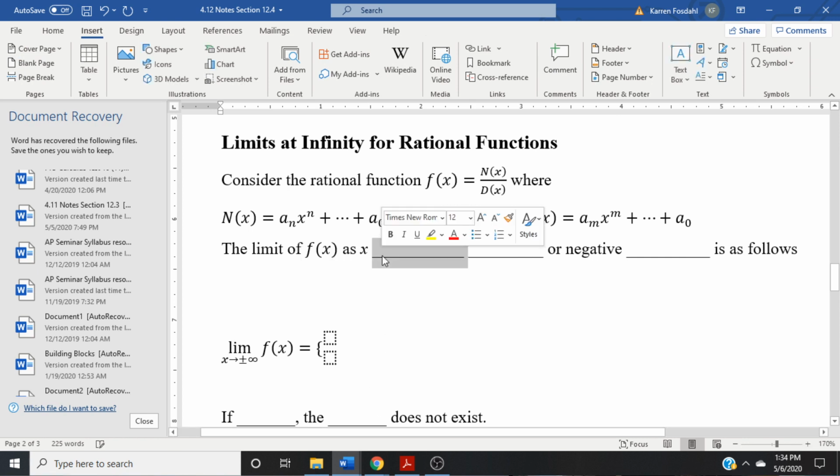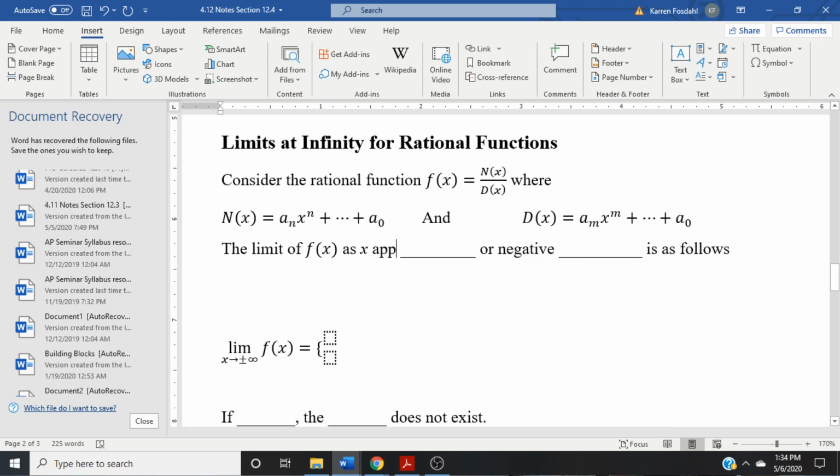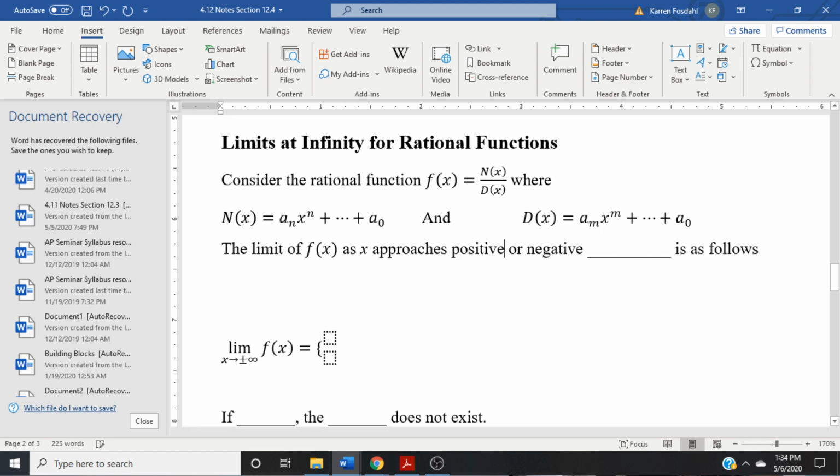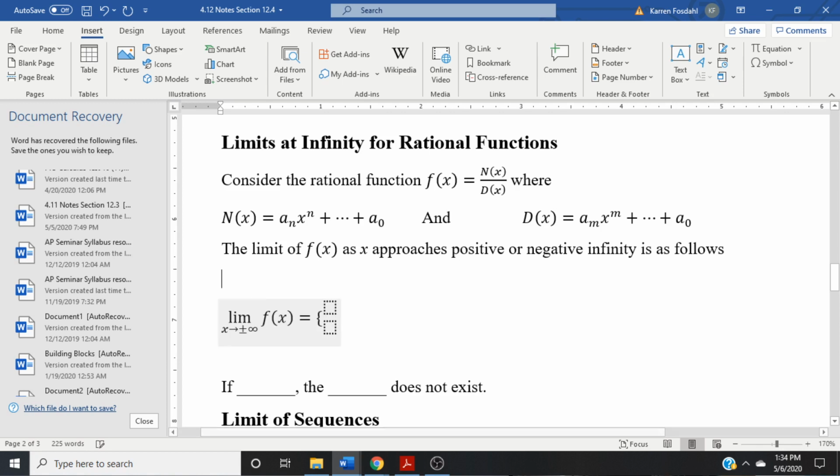as x approaches positive or negative infinity is as follows.